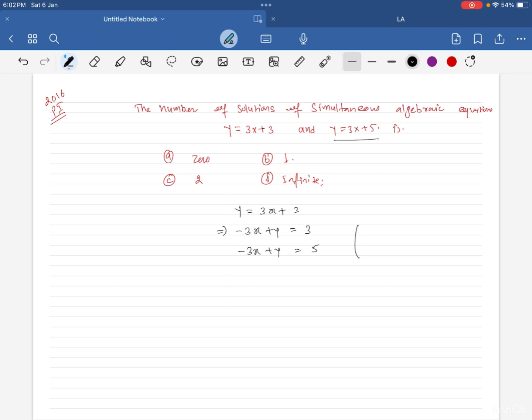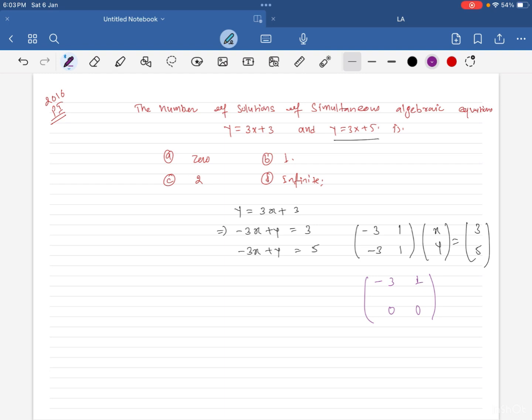We can write the matrix equation, so that is [-3 1; -3 1] times [x y] is equal to [3 5]. Now we can apply the elimination to find the solution. So minus 3 1, this would be 0 and this will be also 0, right?